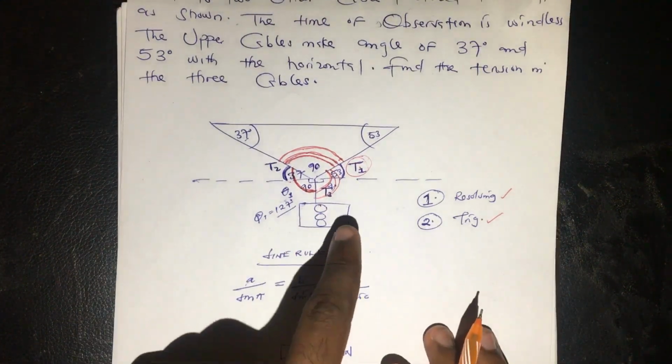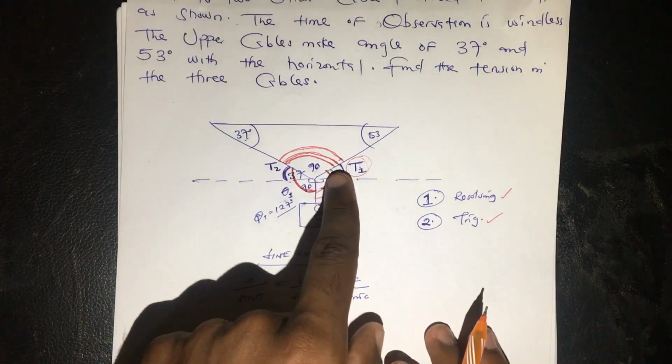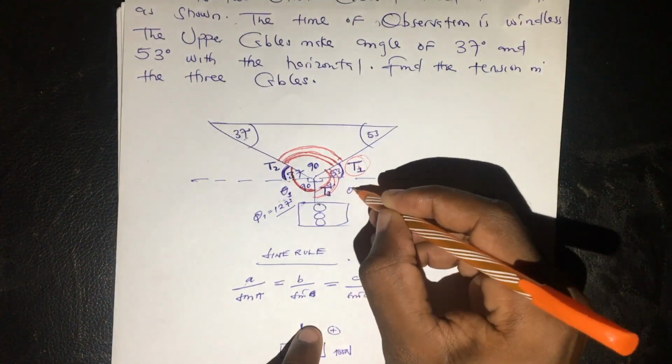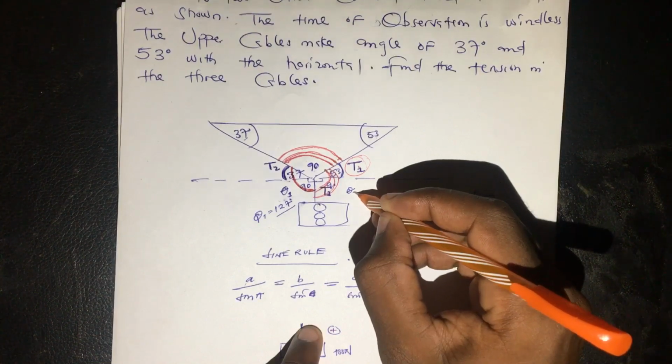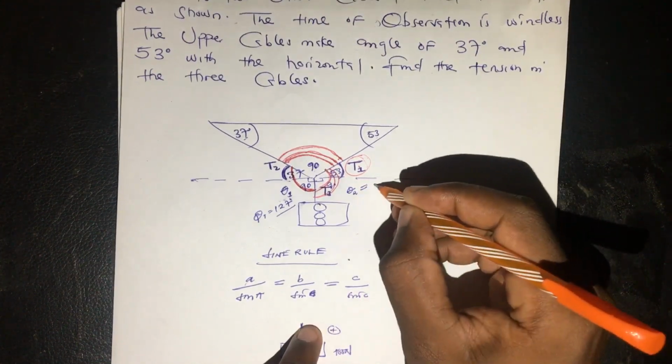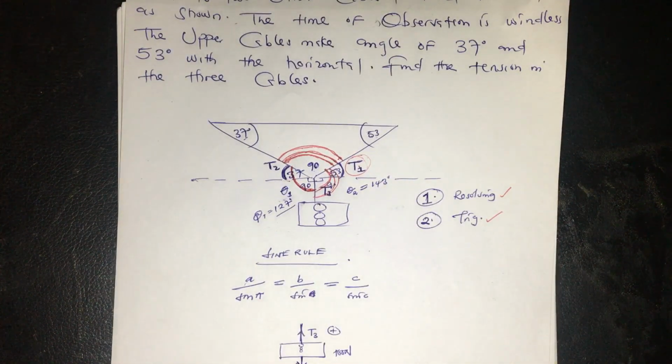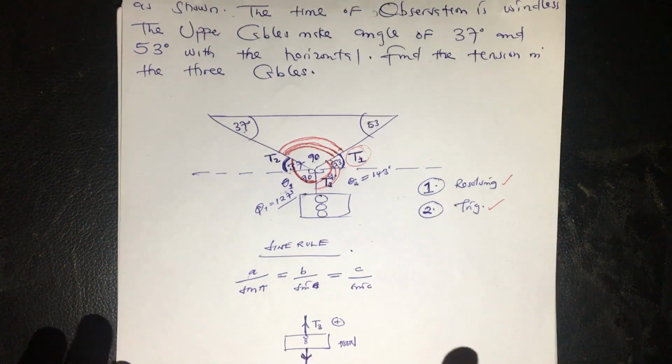And 90 plus 53 makes theta 2 equal to 143 degrees. This makes everything more interesting. Now we have found the angles and the corresponding sides.